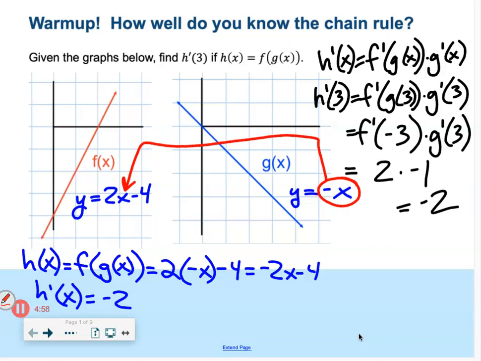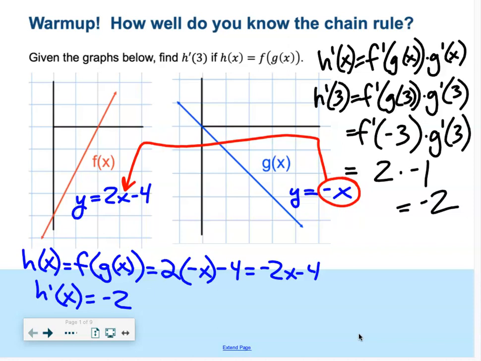So you end up with 2 times negative x minus 4, or negative 2x minus 4. That's f of g of x. And then h prime would be the derivative of that. Good. Other questions? This is called composition, function composition, when you plug one function into another function.